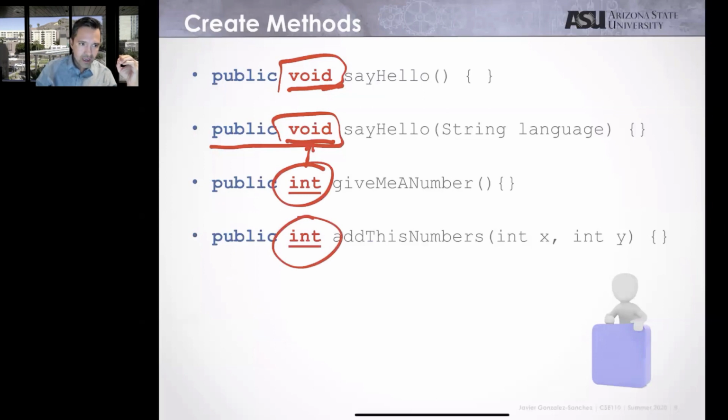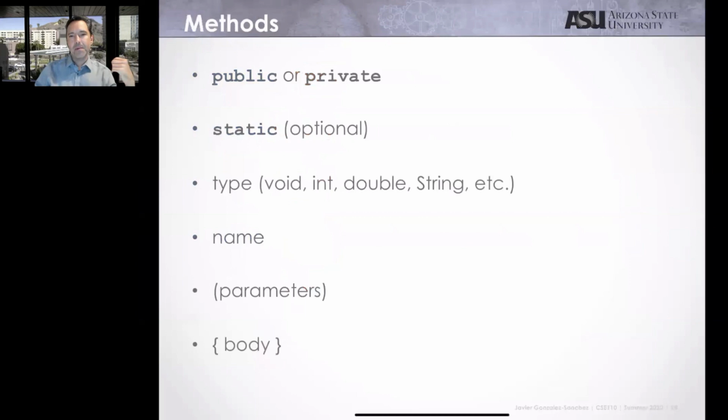And basically you are telling the method that that method needs to give you back something. Something, an integer, something, a double, something, a char, something. You define here what is that something. Show me an example. Yes, I am going to show you examples.